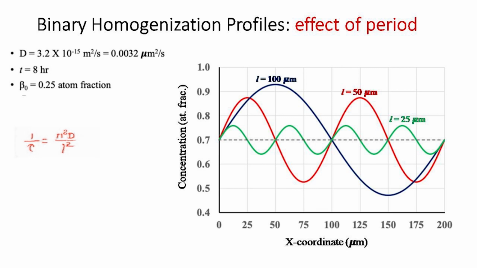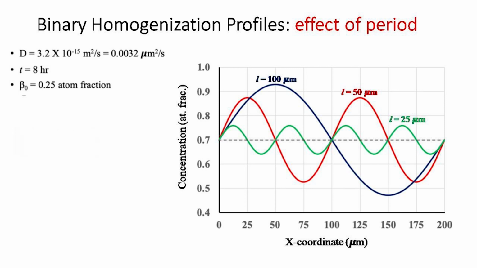So, again these are the concentration profiles with similar parameters to those we used for the earlier profiles: the same value of diffusivity, beta 0 and C bar, and at t equal to 8 hours we have simulated for different periods. This is the profile for L equal to 100 micron, the red one is for L equal to 50 micron and the green one is for L equal to 25 micron.